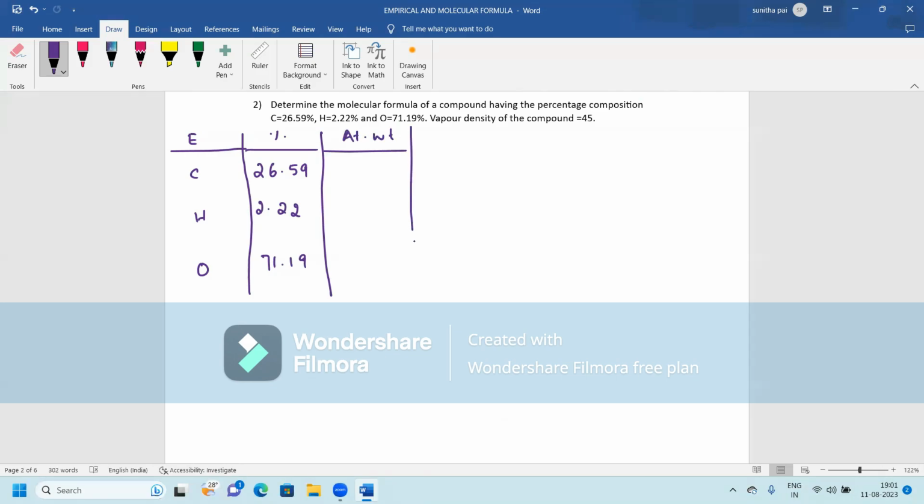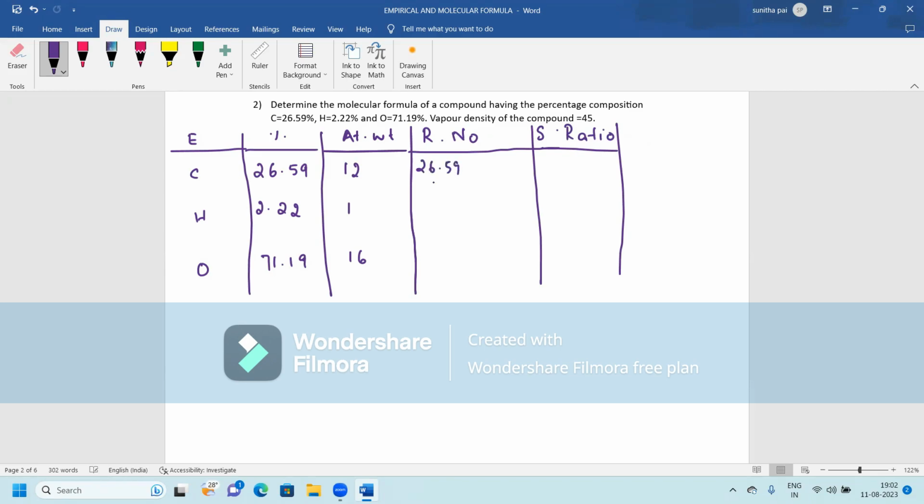Next is for atomic weight. I've told you already, atomic weight will be given to you in the question paper. C is 12, this is 1, this is 16. Next column is for relative number. And then the last column, simple ratio. Relative number is calculated by dividing the percentage by atomic weight. So let's do it in all the cases. 2.22 by 1, 71.19 by 16.